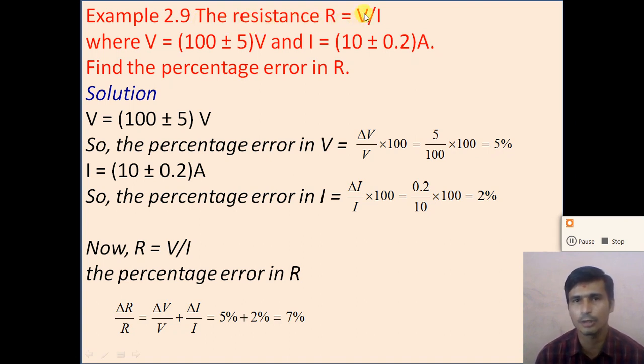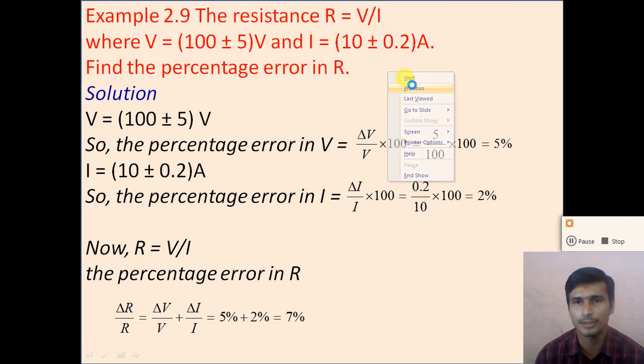You know the formula of Ohm's law, V is equal to IR. From this, the resistance R is equal to V divided by I, where V is equal to 100 plus minus 5 volt and I is equal to 10 plus minus 0.2 ampere. Find the percentage error in R.